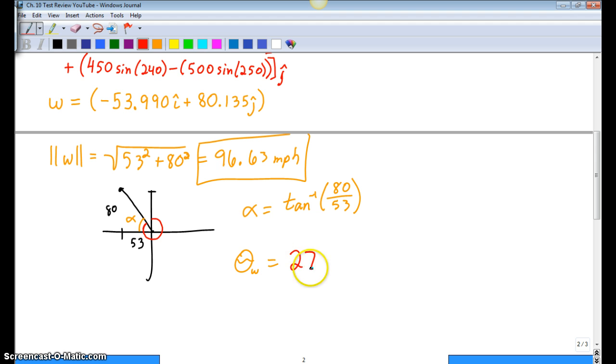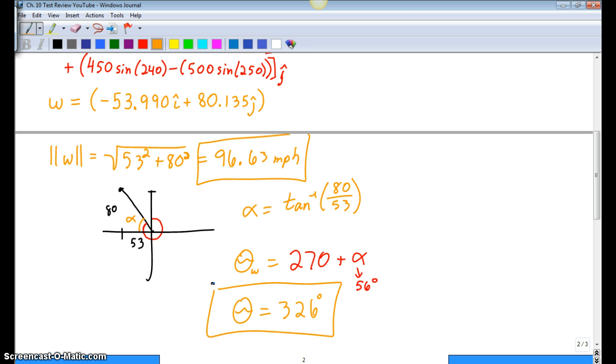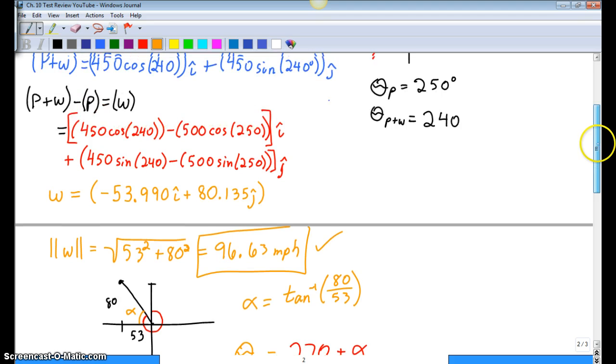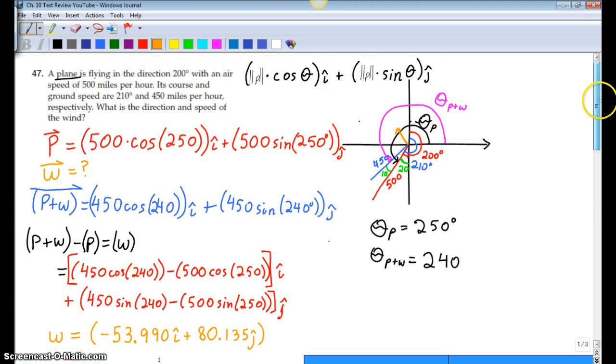Let's do some number crunching here. Our alpha was 56 degrees, so our theta is 326. Again, that's approximate, but about 326 degrees. So these two answers, our speed and direction of our wind, are the final answers on problem 47.